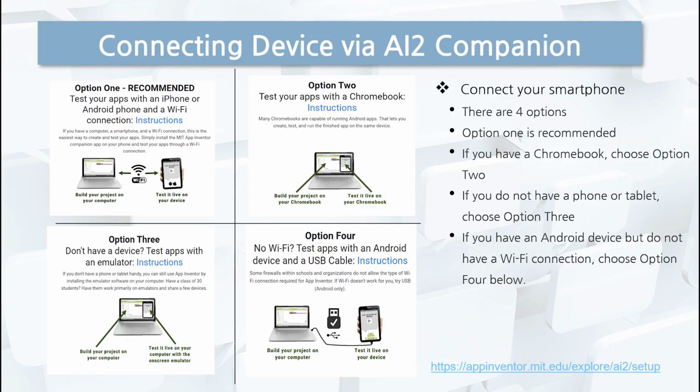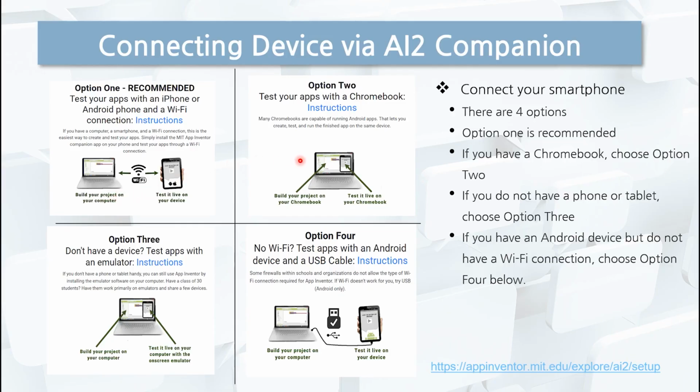So the result can be viewed on the connected device. However, there are four options. Among them, we recommend option 1. With option 1, you can just choose the other options according to your situation.